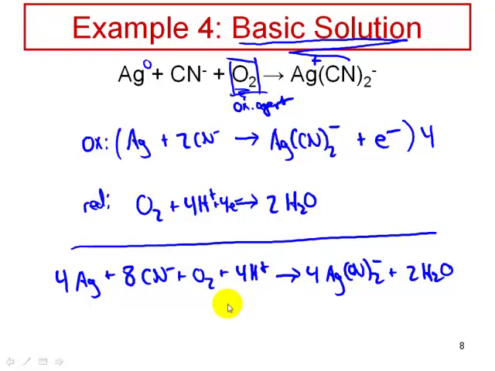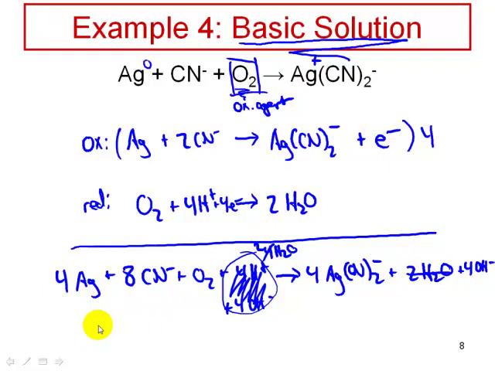Since I've got 4 H plus, I'm going to add 4 hydroxide to this side, and what I do on this side, I've got to do over here too, so we add plus 4 hydroxide over here. These become 4 water, and these are gone. Since these become 4 water, over here I've got 2 water, so that's going to cancel, and this goes down to 2.